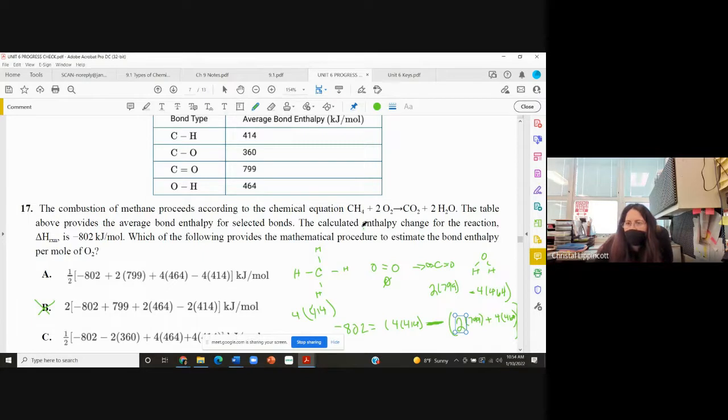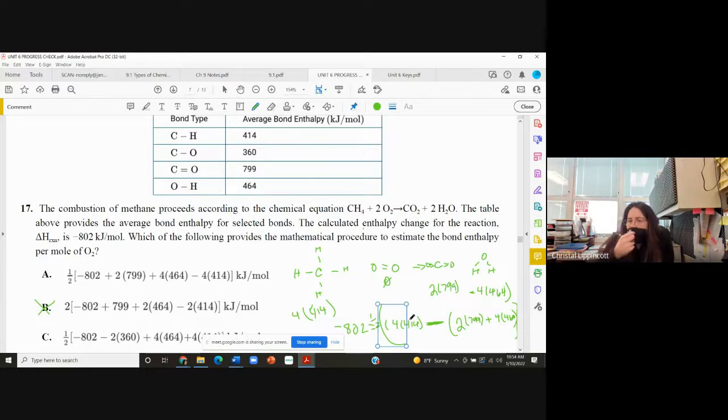So what they did here was they brought this stuff over to this side. You've got to do all of this by a half. That's where the half comes from, because they're taking this down.